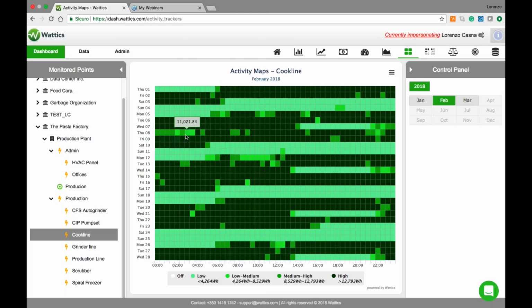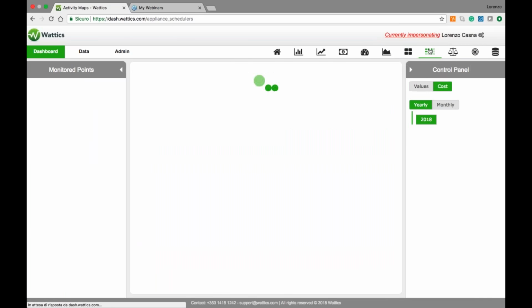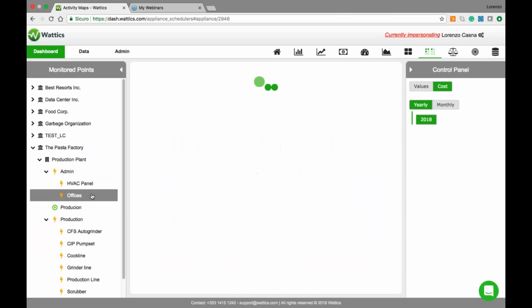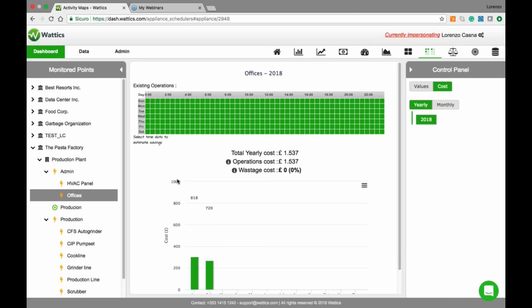What we can do with both of these meters is go to the operation analyzer, and use the data that we gathered from the activity map to go into further analysis. So let's start from the admin building and take a look at the offices. We do know that people are in the office between certain hours.